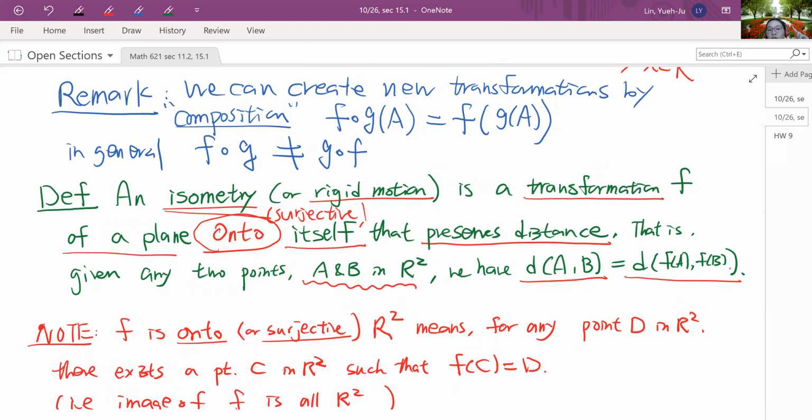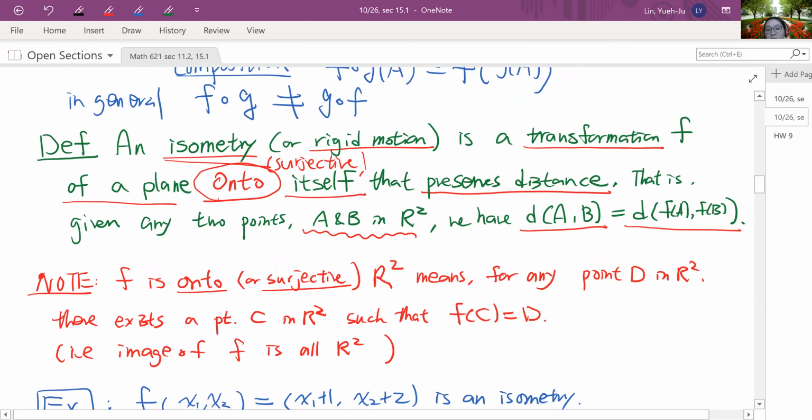So technically, there are two things you need to check for a transformation to be an isometry on R2. First, you need to check it's an onto, surjective map. Second, it needs to preserve the distance, like what we wrote here. I want to recall the definition of onto, because I don't know how many math courses you have taken and maybe you forgot what surjective means in terms of mathematical equations.